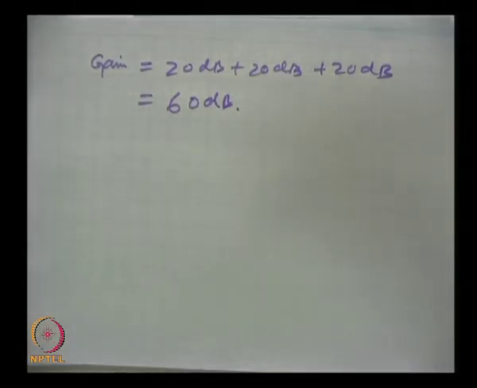So, while gains not expressed in dBs are products, once they are expressed in dBs they are additive. So, this is about gains. I repeat that gains are the product of individual gains, and when the gains are expressed in dBs, they are additive.